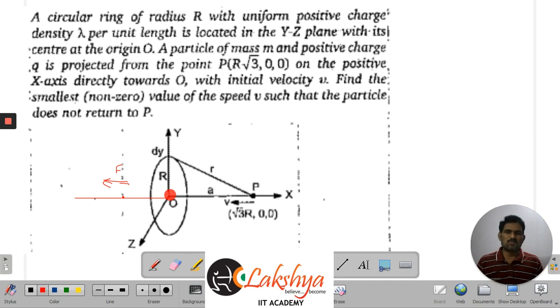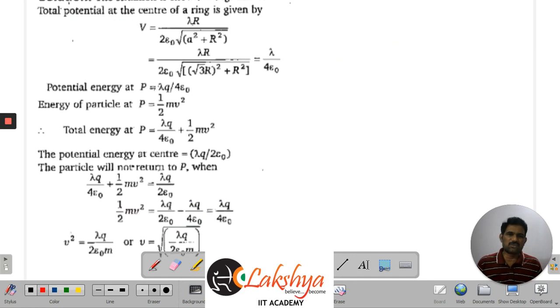Once it slightly crosses that, it goes to infinity, so the particle doesn't return to this point. That means for minimum velocity we consider the velocity of the particle to be 0 on reaching the center. So the only energy is the electrostatic potential energy between this ring and this point charge. Just by applying conservation of energy, you can solve the problem easily.